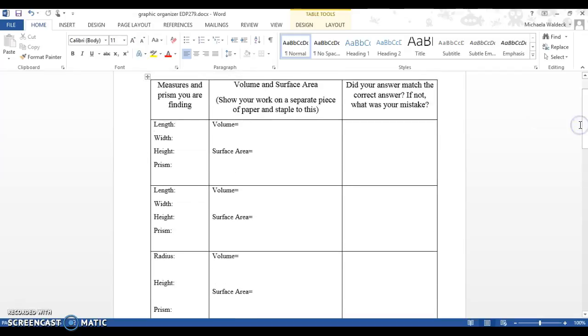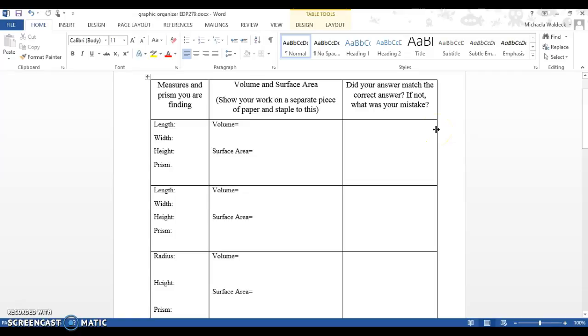But up here, obviously it's going to be a box. So, they can just put box. But then they would put the volume and the surface area that they got. And on a separate sheet of paper, I would want to see their work. Just because it's also easier to go back and see where you made a mistake.